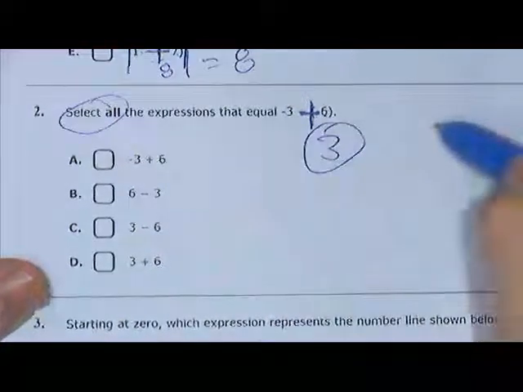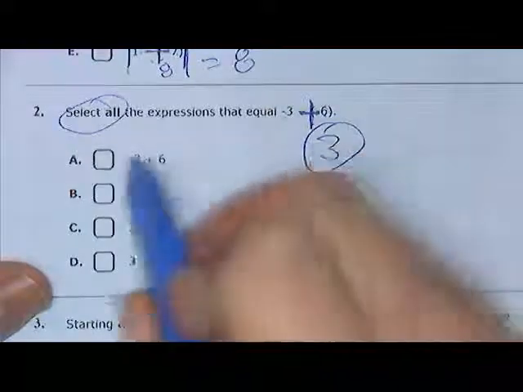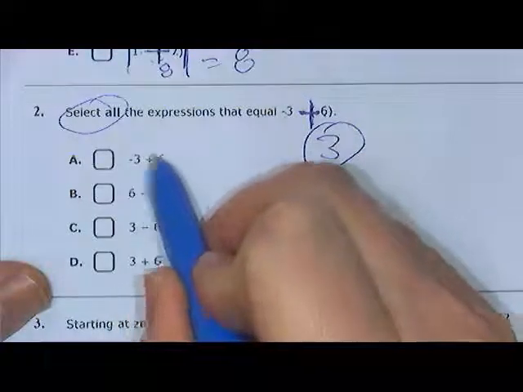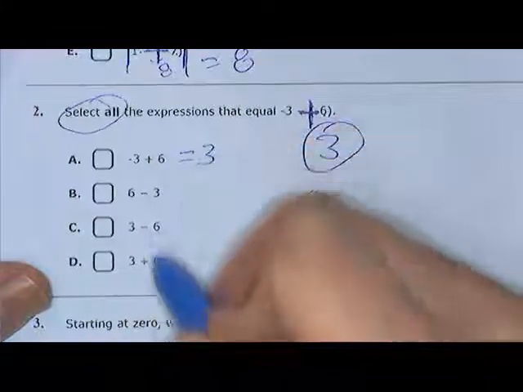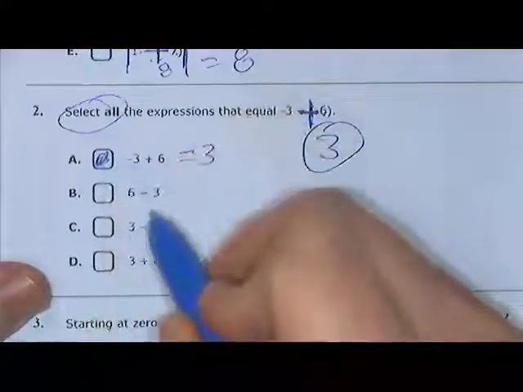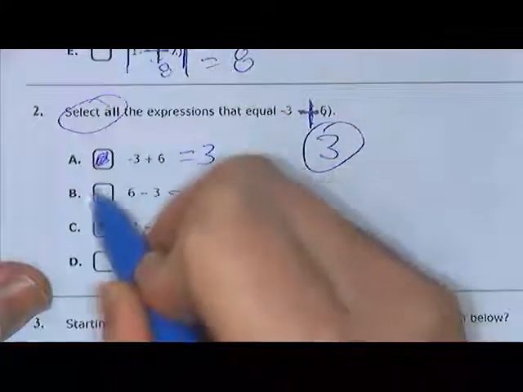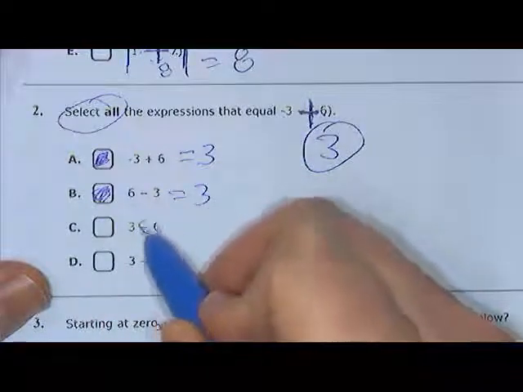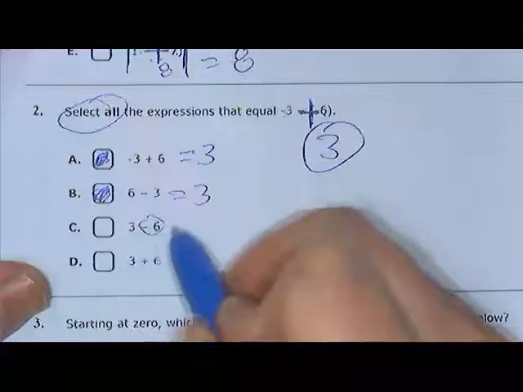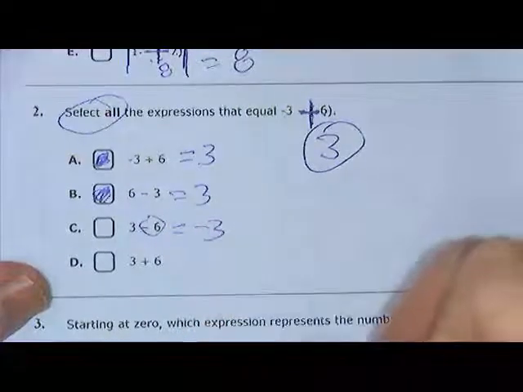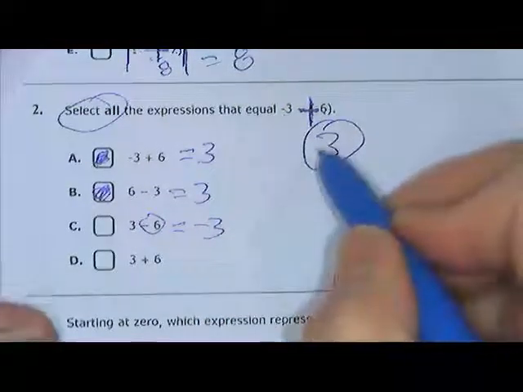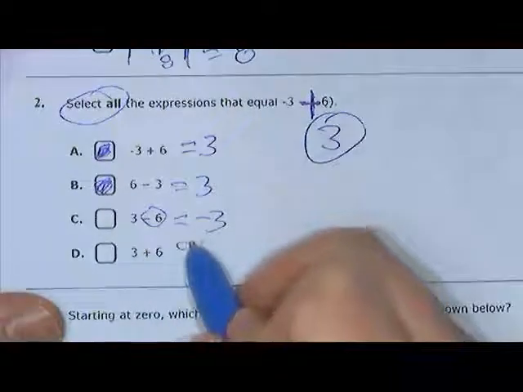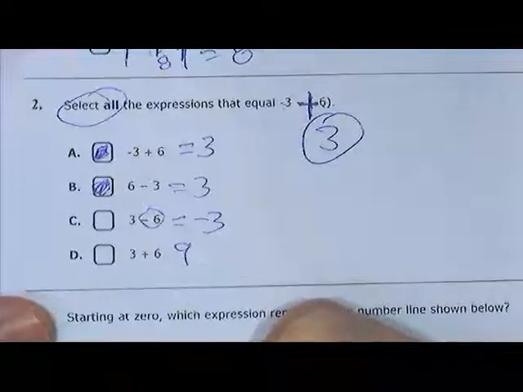So which of these over here equal 3? -3 plus 6, that's 3. 6 minus 3, that's 3. 3 take away 6, or 3 and -6, that's -3. That will not work. 3 plus 6 is 9. That will not work.